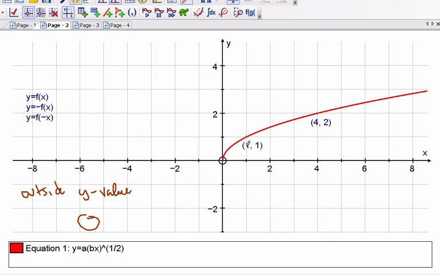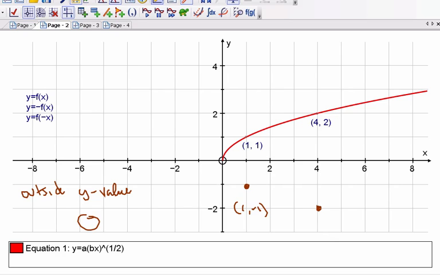So here's 1, 1. I get 1 multiplied by negative 1, and that changed this. This is 1, negative 1. Change the y values, multiply 2 by negative 1, and I get down here. And so the graph 0, 0, the 0 of the y gets multiplied by negative 1, stays 0.